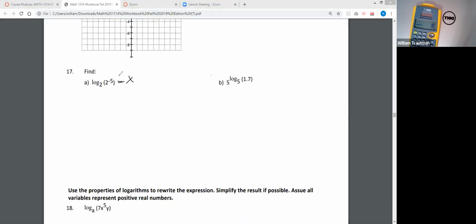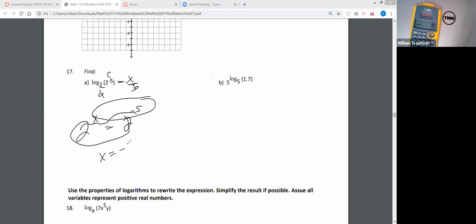And you can call this X or Y, whatever you want. 2 to the X power, this is A to the B equals C, right? 2 to the X power equals C. If the bases are the same, the powers are equal. That's a pretty easy one. X equals -5.